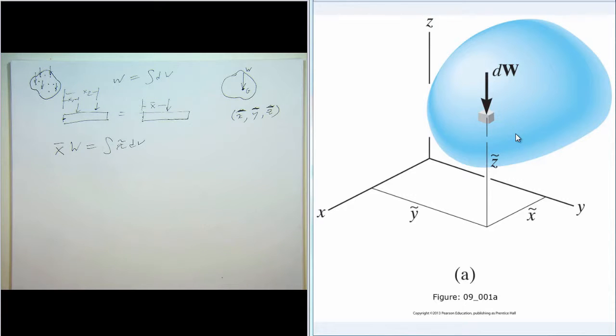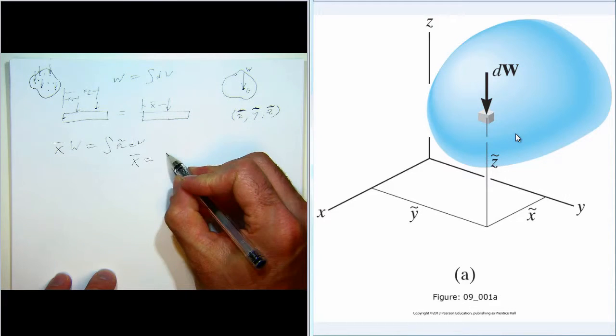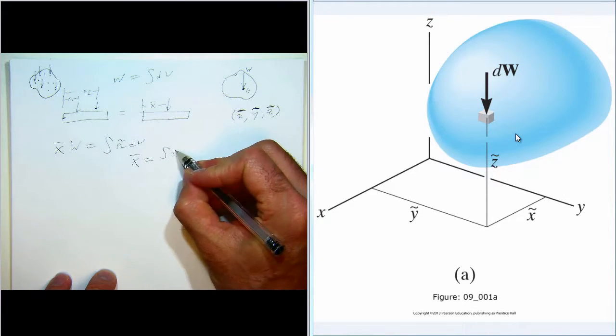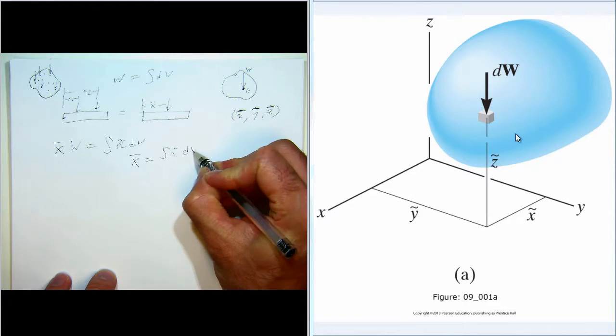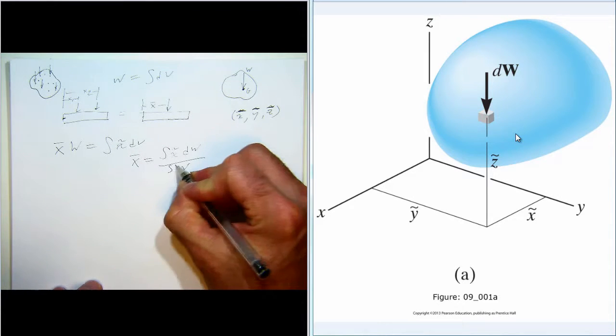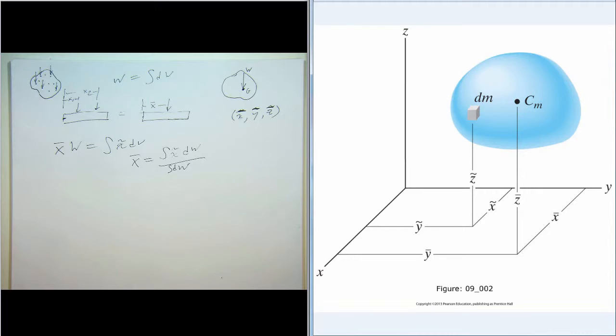So that's the general idea of how we can come up with equations for locating the center of gravity: x bar equals the integral of x tilde dw divided by w, which is the integral of dw.